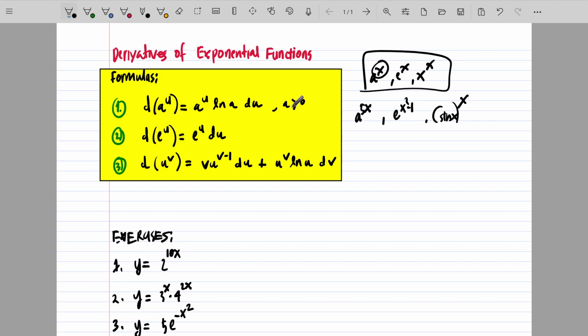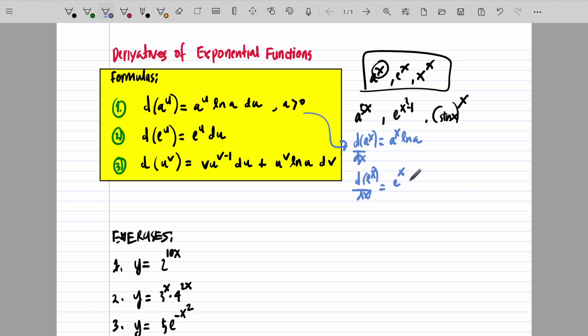The a should always be greater than 0 because there is a logarithmic expression. Basically, the derivative of a raised to x is a raised to x times ln of a, with respect to x. Next, the derivative of e raised to x is just e raised to x.